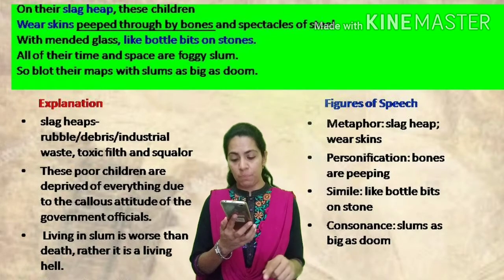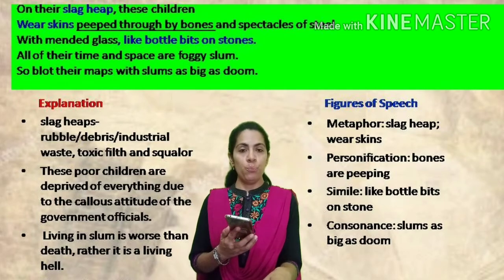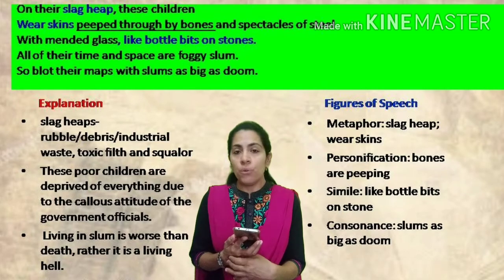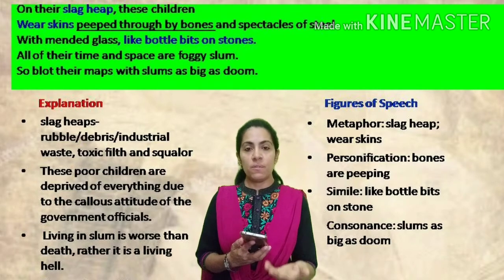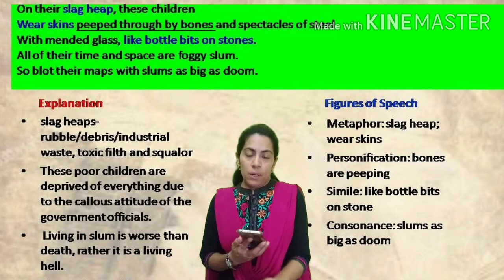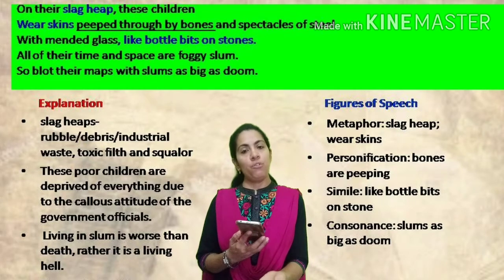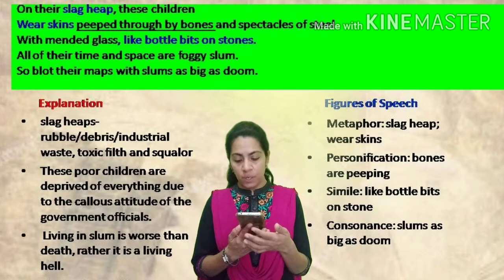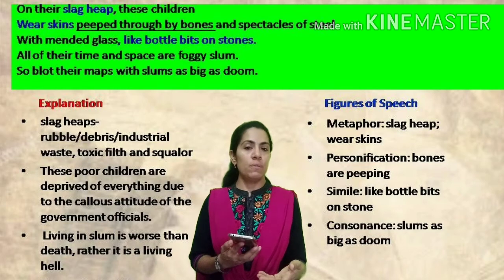So plot their maps with slums as big as doom, because the slums are not going to give them anything. It is just going to bring distraction. It is just moving their lives from shattered condition to just the doom. Doom means the complete destruction. So living in the slums is worse than death.